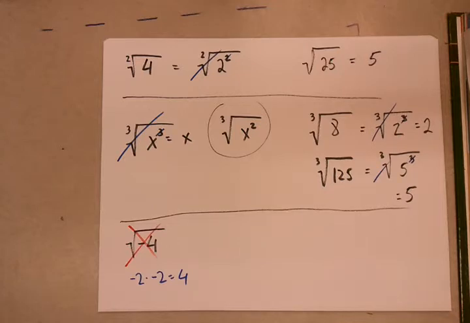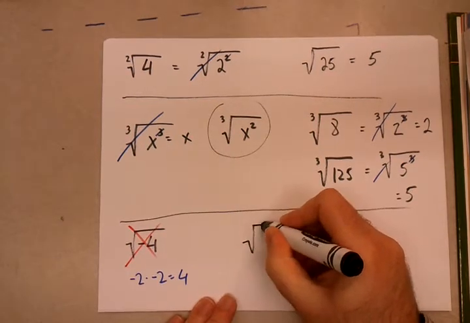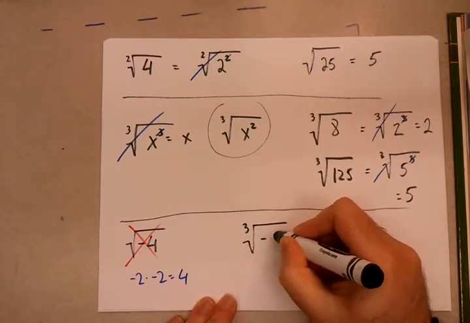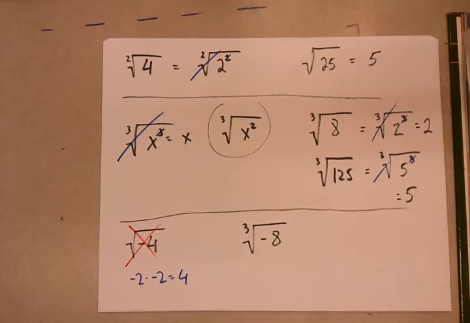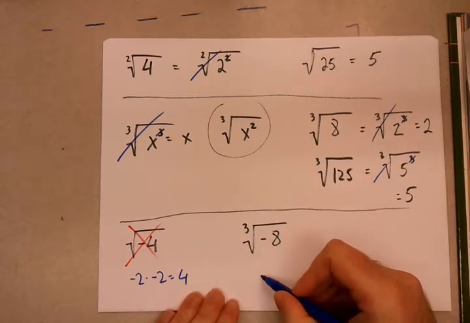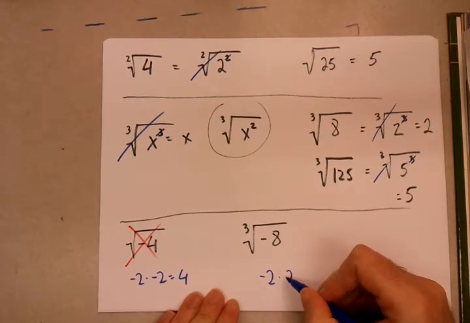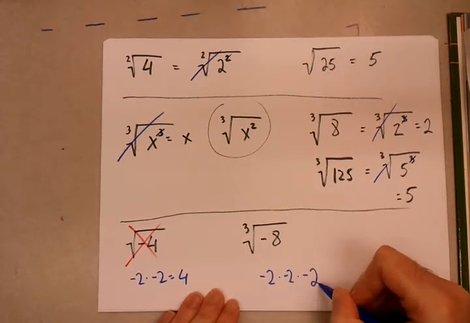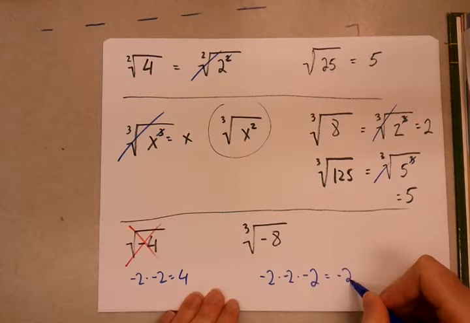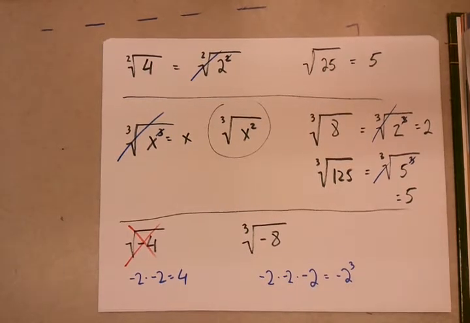With cube roots, though, it's actually very normal to have negatives underneath the cube root. Now, why is it okay for cube roots and not okay for square roots? Well, because you can have this, which is a negative 2 to the third power. Negative times negative is a positive, times negative is a negative.